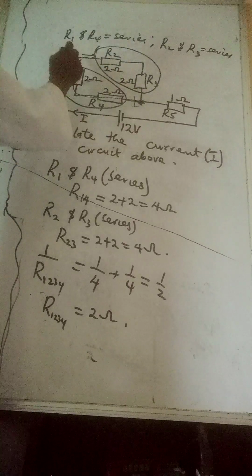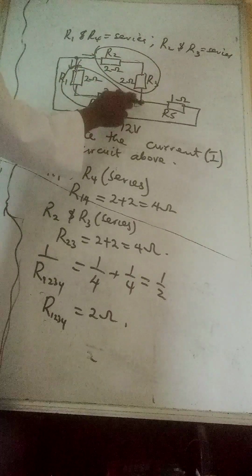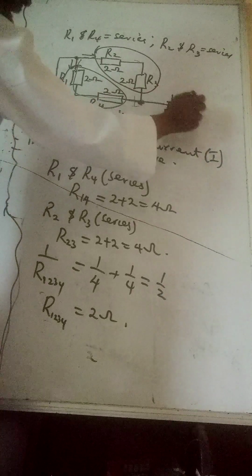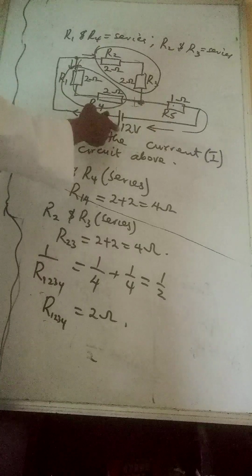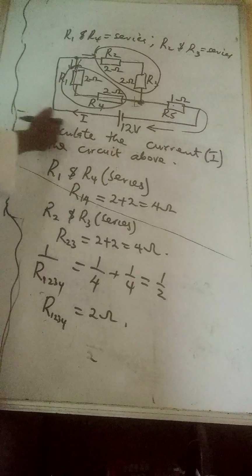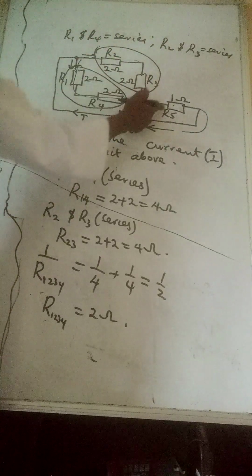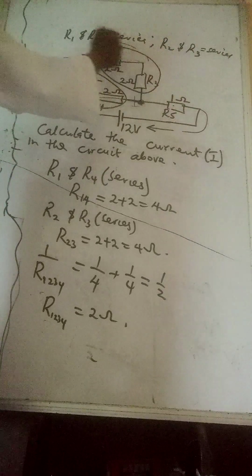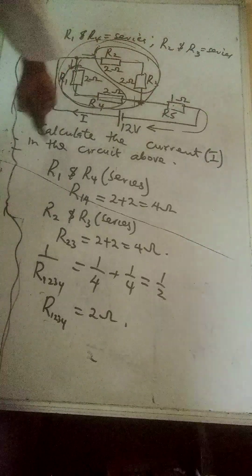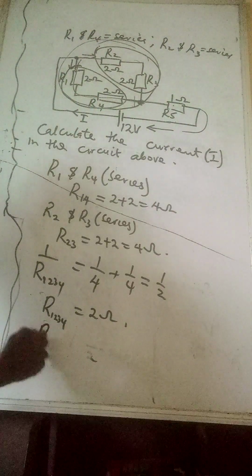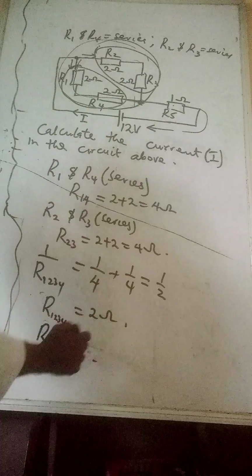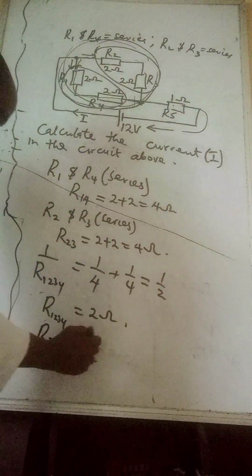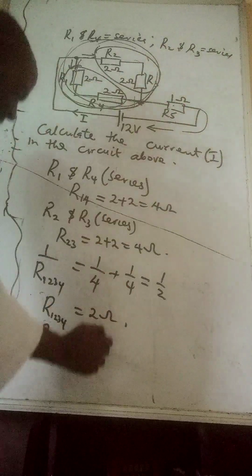Okay? Now, the current that enters here comes out of another T-junction here, and the one that enters here also will come out. Both of them will meet at the junction, then they will come out and enter here and go back to the battery. That means the total current that leaves the battery enters the 1 ohm here. Therefore, the 1 ohm and the whole of these are in series. That means total resistance now will be the 2 ohms for the whole of these four here, plus this one, which is separate.